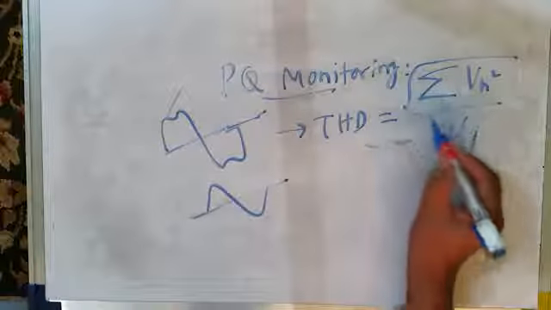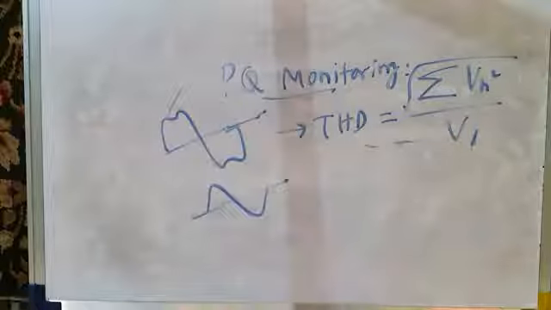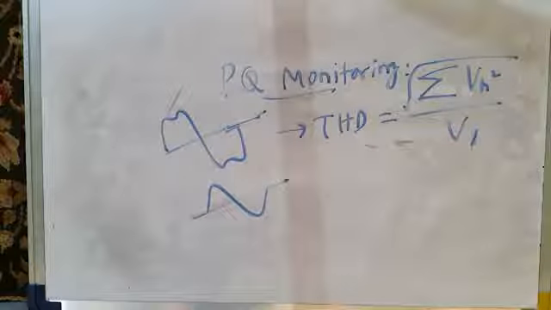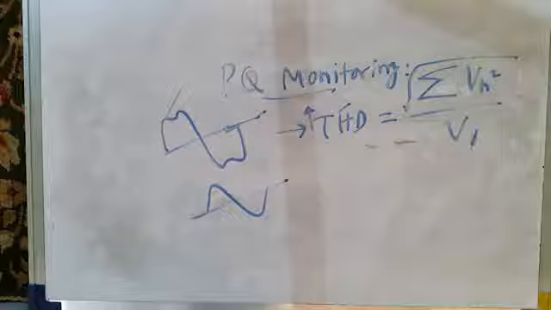So the higher the harmonic content or pollution in the waveform, the more will be the THD, the total harmonic distortion of the current. So this THD gives us an idea about how polluted our voltage or current waveform is. The higher the THD of current or voltage, the poorer the quality of the waveform is. More pollution is there in the waveform.